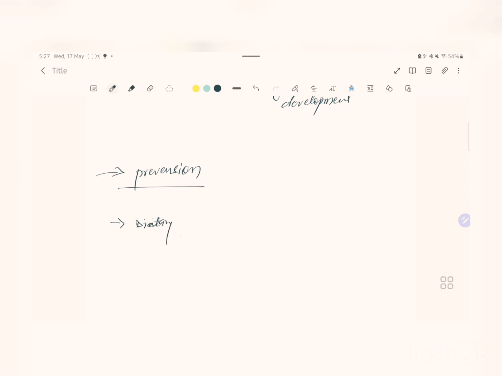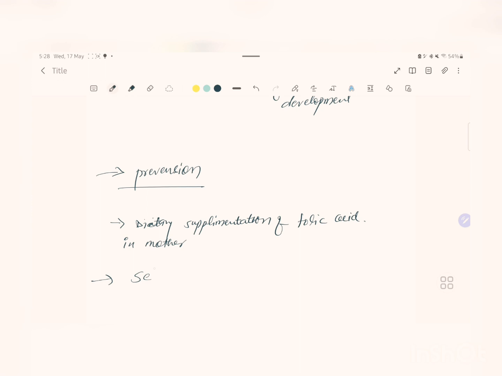First is the dietary supplement of folic acid. As we already discussed, the mother with diagnosed pregnancy should be given a folic acid supplement during the first trimester and throughout the pregnancy. Another way of prevention is by diagnosis in the intrauterine life.